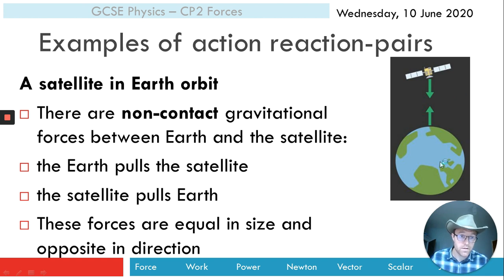Now, it's worth noting that the Earth is much, much, much more massive than the satellite. So if the satellite were to stop orbiting, the satellite is going to move towards the Earth much faster than the Earth is going to move towards the satellite, because the Earth has so much more mass than the satellite.